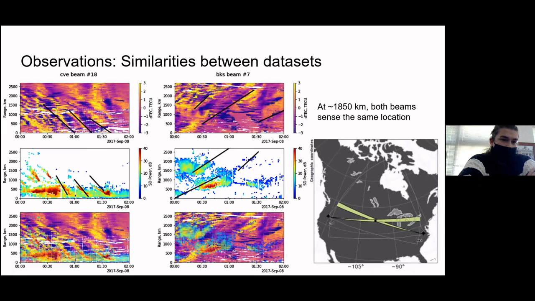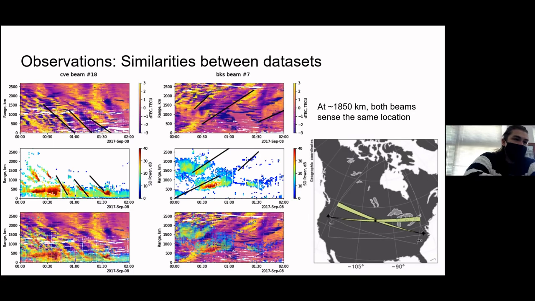That location is about 99 west, 46 degrees north, and that would be at about 1,800 on both plots here. So we're seeing literally two sides of the same thing in two different data sets. And from this, instead of measuring the line of sight velocity, you could arrive at the velocity of the TID itself with pretty good certainty, because you're seeing two completely different radars, two completely different sets of electronics.